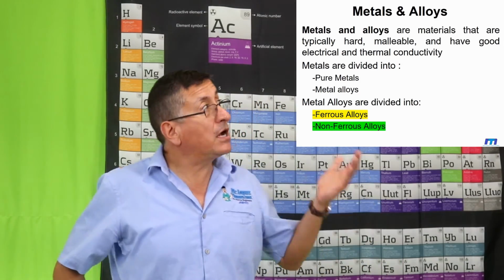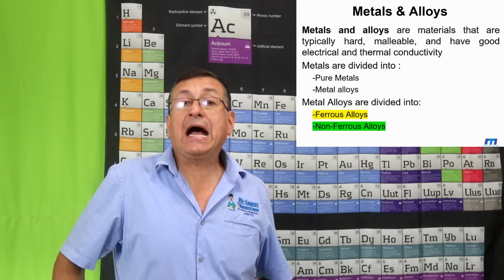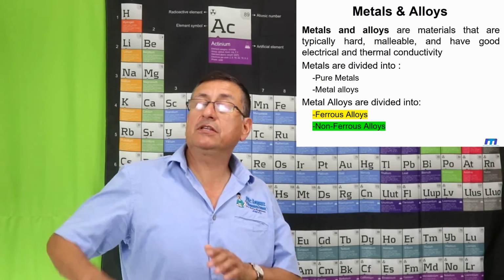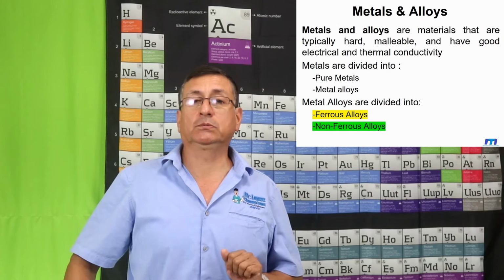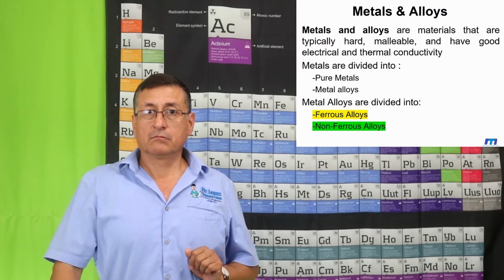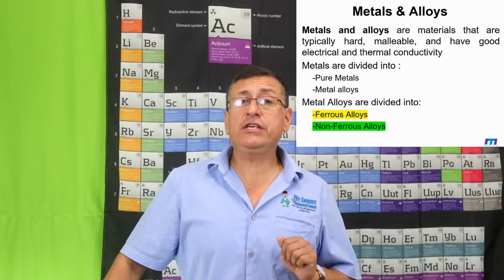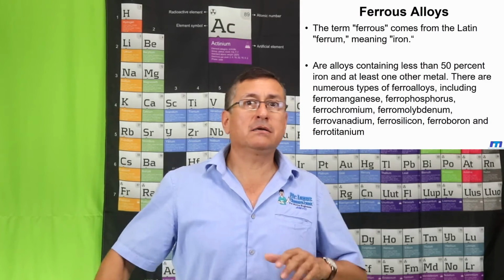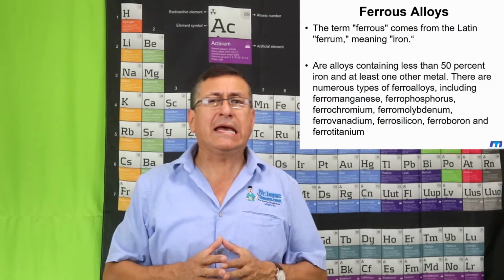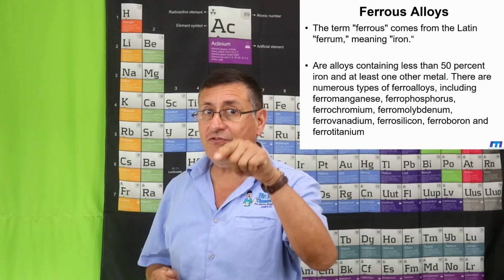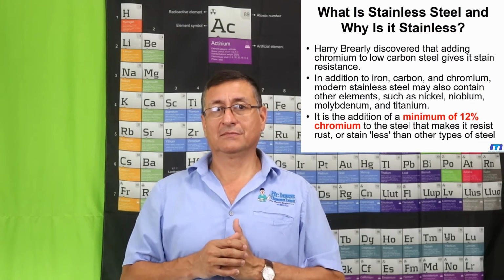The ferrous alloys are based on iron, and the non-ferrous alloys are based on other metals different than iron. There are a million alloys of iron, steel, stainless steel, but the most famous is stainless steel.